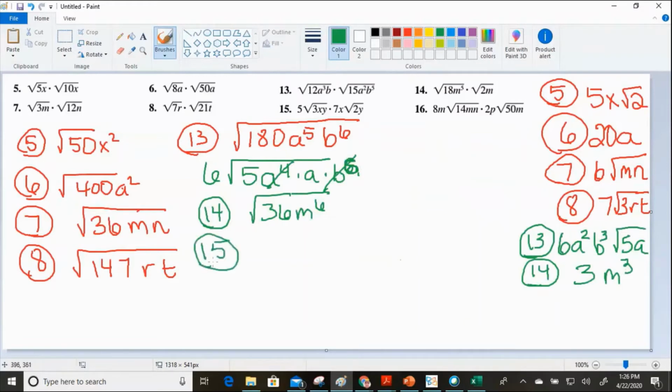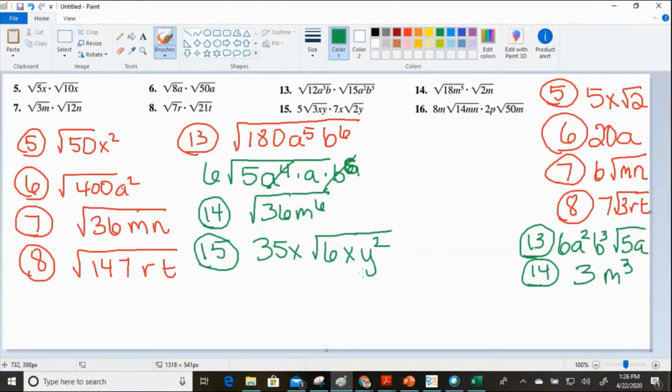Okay, number 15. If I multiply my outside, I have 35x. On the inside, I have 6. 3 times 2 is 6. And then I have an x. And then I have a y squared. So from there, I have to see if anything will pull out.